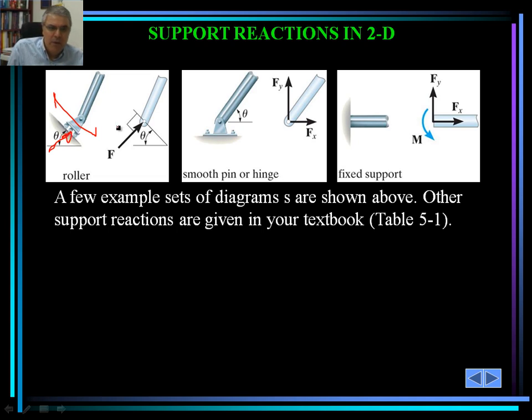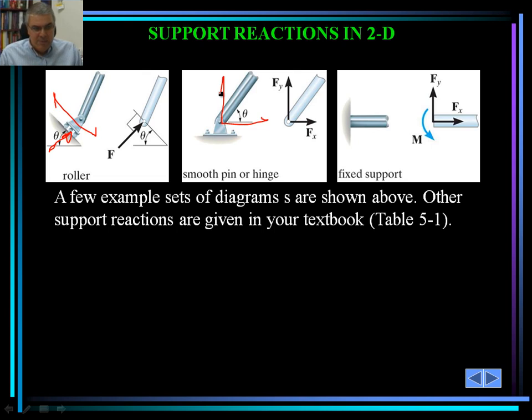Okay. For a pin support or a hinge, there will be two reactions, F sub x and F sub y, as shown here. This particular support is not free to move in the x or in the y direction.